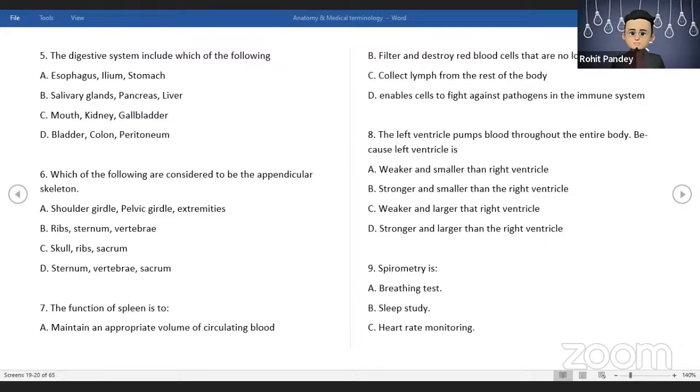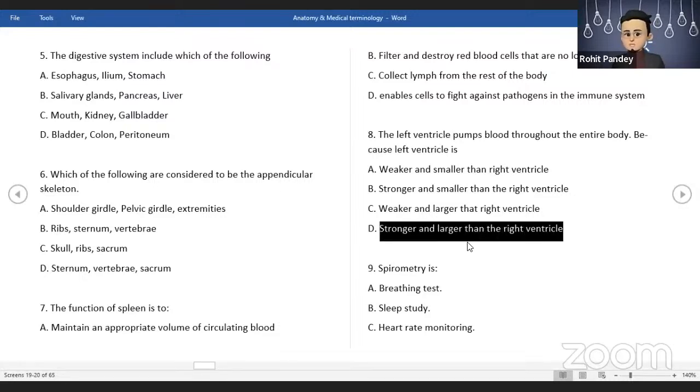So the left ventricle is important because it is the heart's main pumping chamber. Now our next question. I already told you the answer is D, stronger and larger than the right ventricle.